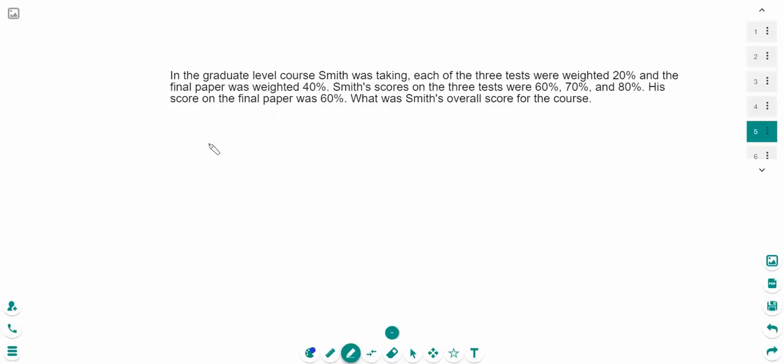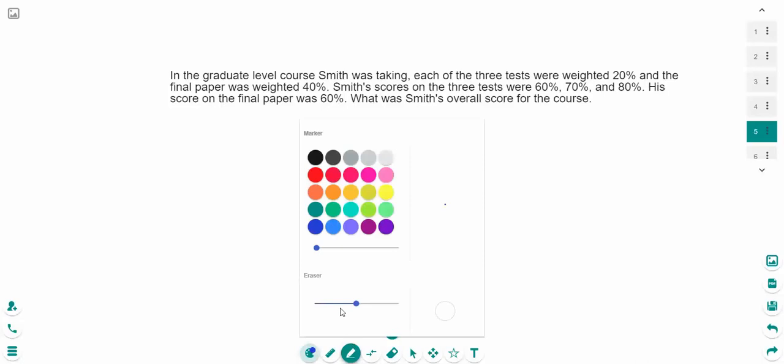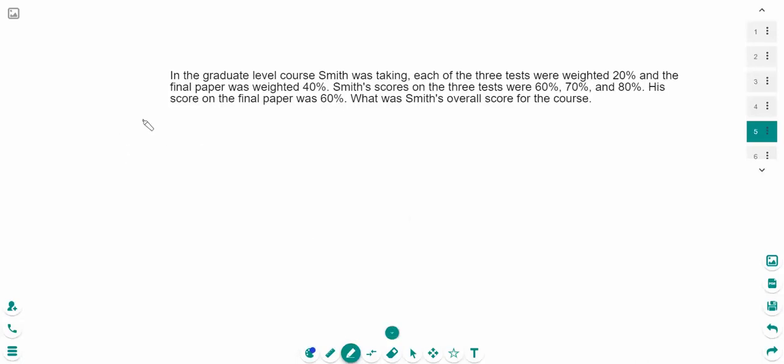So this has a lot of percentages in there, and it may be a little bit confusing because of all the percentages. So probably the best step here is to first organize it and realize that we've got several things going on here. We have scores, the test scores. Then we've also got weights. What are the weights for these test scores? Let's categorize and organize the information they gave us.